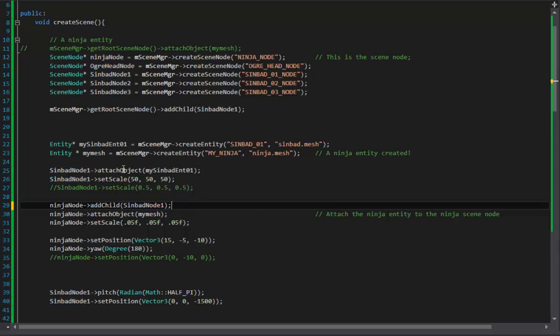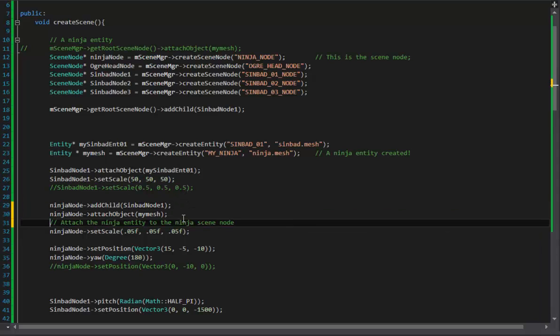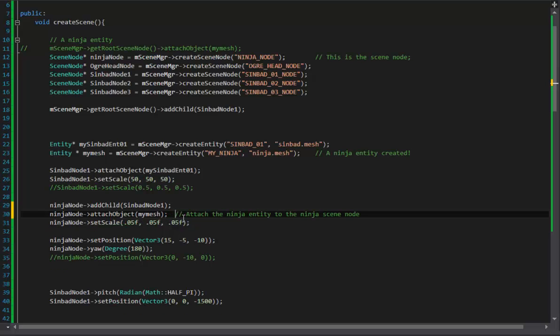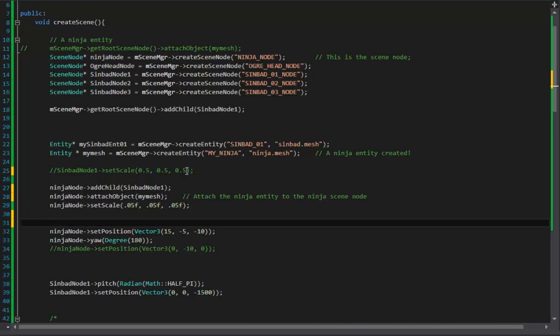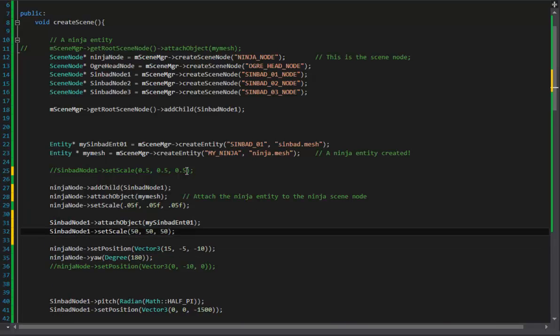So then, since I'm already scaling down this Ninja, it also scales down my Sinbad, which then I'm going to go ahead and scale the Sinbad node up by a lot. So let's do it this way, 500 and 500.